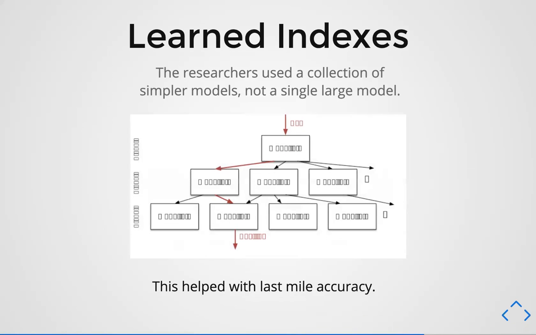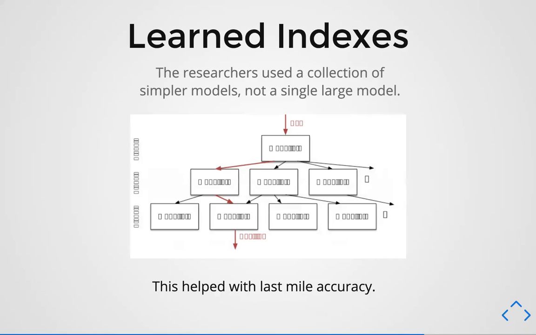And so the researchers used a collection of models, and all the results I'm going to show you are the result of having a two-stage model, where there is one model at the very top that predicts within a range of submodels. So each submodel is basically subdivided by the amount of space within the database that it's responsible for.